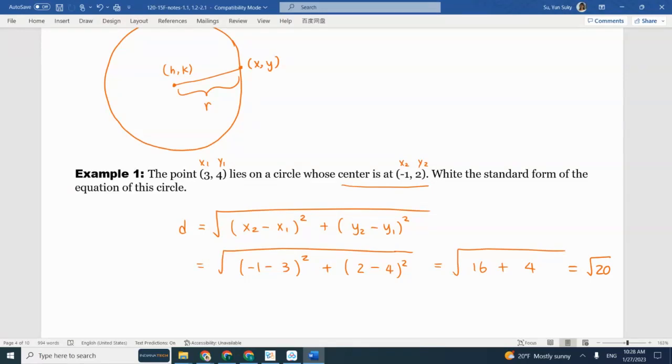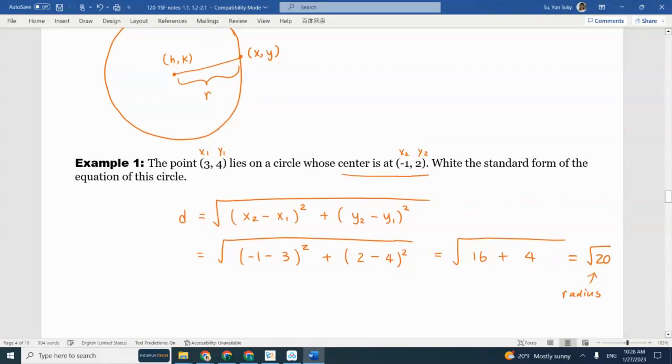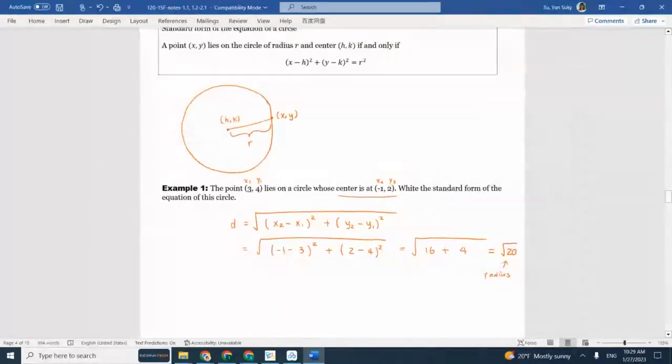And this distance is actually the radius, right? So therefore, we can use that formula. x minus the x coordinate of the center, which is -1, squared, plus y minus k, k is 2, so y minus 2 squared equals the square root of 20.